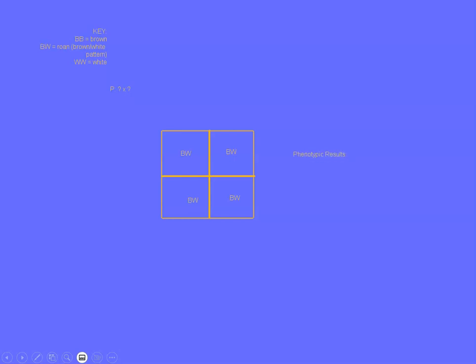which again is 100%. I'm just going to summarize that on the right side here, 100% roan. And then the genotypic results would be 100% heterozygous, BW. Okay, so now we have to backwards fill in the rows and the columns. So you can pick and choose which one you prefer. I like to look at the first letter here and look across the row.